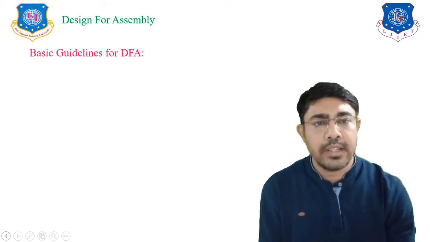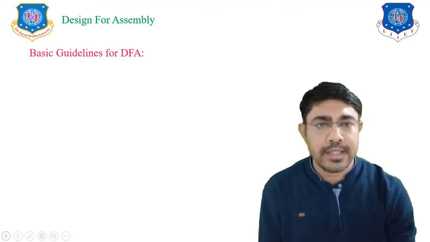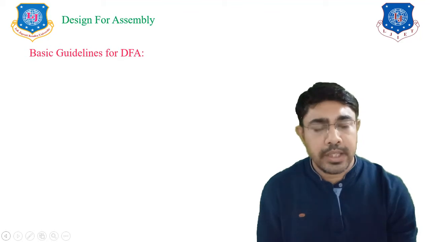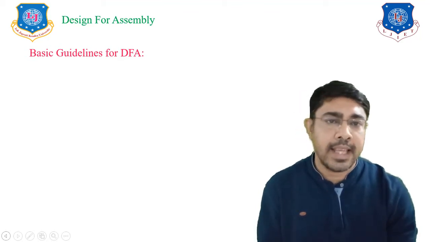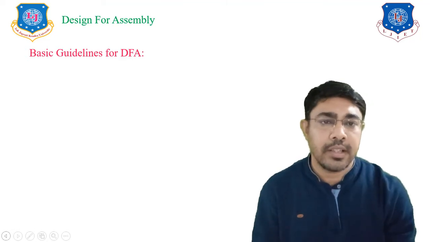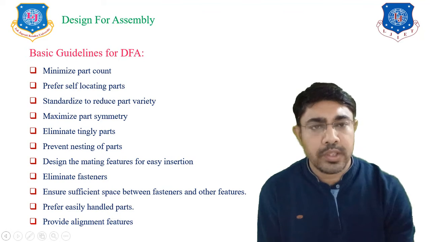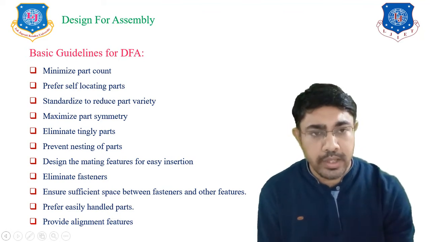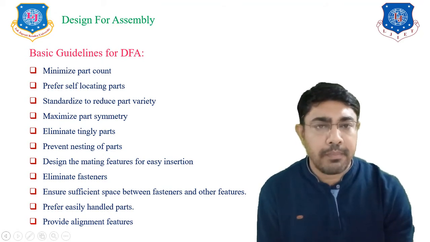What is the purpose of design for assembly? The purpose of design for assembly is to reduce the parts of a particular product, and it makes the assembly easy. The general guidelines for design for assembly are, first, minimize the part count.